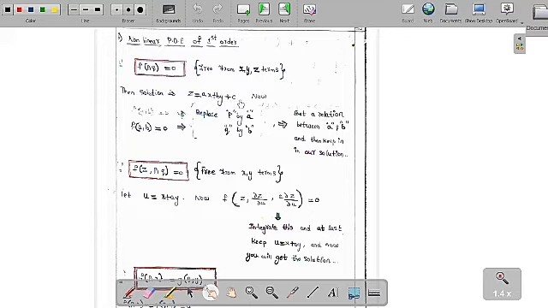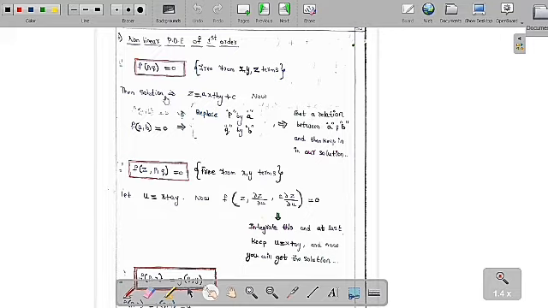Now what we have to do is, here f of a comma b is equal to 0. F of a comma b is equal to 0 means replace p by a and replace q by b. So now get a relation between a and b and then put it in our solution.